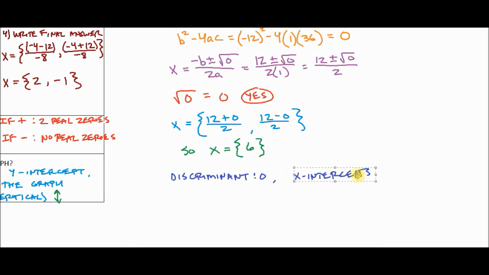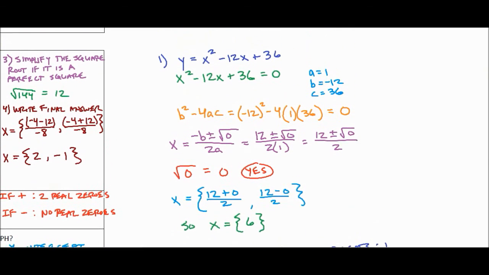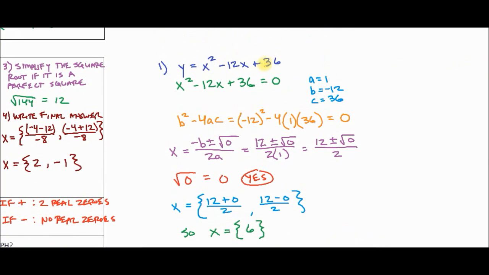Let's move that. When I put the number sign, it doesn't mean hashtag. The number of x-intercepts equals 1. So there is a solution to our practice problem number 1. Our x-intercepts, or our solutions, are just 6. If you plug 6 into this equation, it will make it true, and it is the only x value that will make this equation equal to 0.